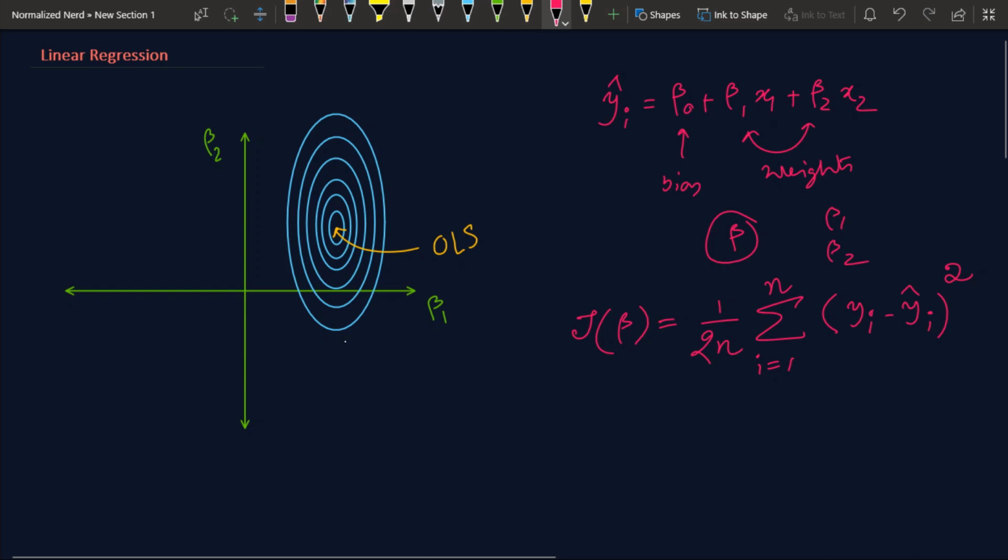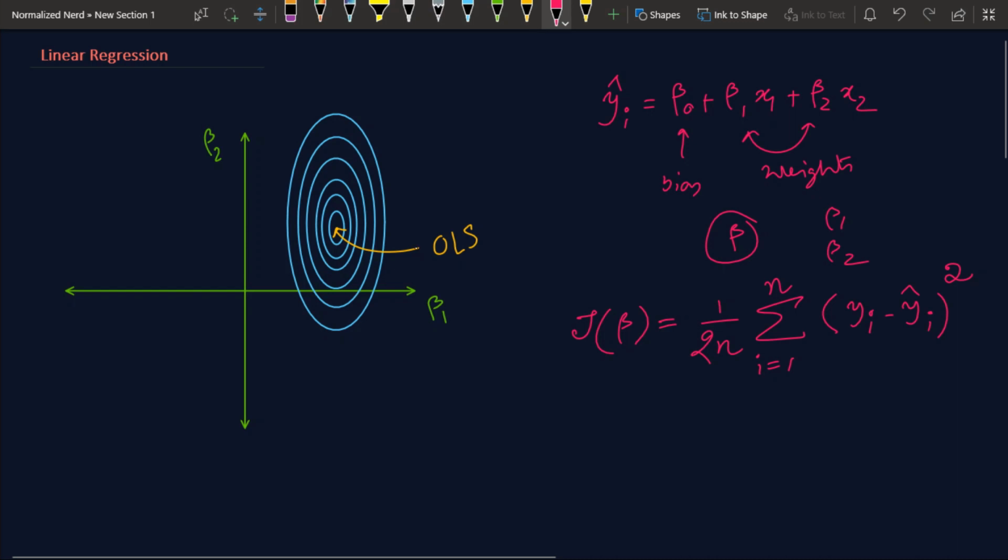I hope you know that a contour plot simply represents a higher dimensional function in a lower dimensional plane. That is, here we have a 3D function represented in a 2D plane, alright? And every point on a concentric circle corresponds to the same height. Okay, so we are good to go.